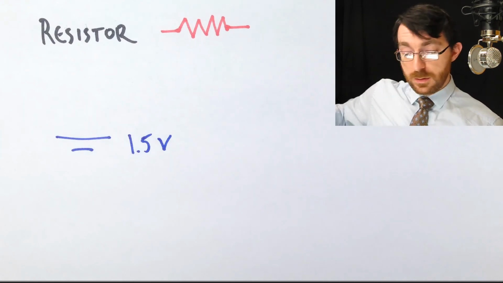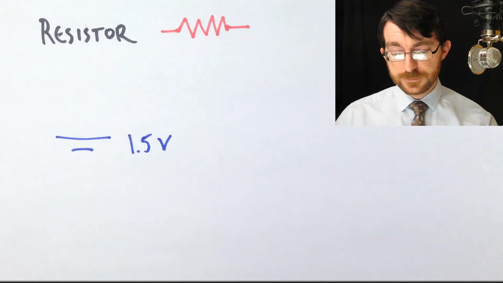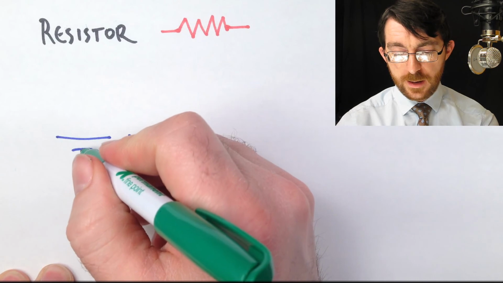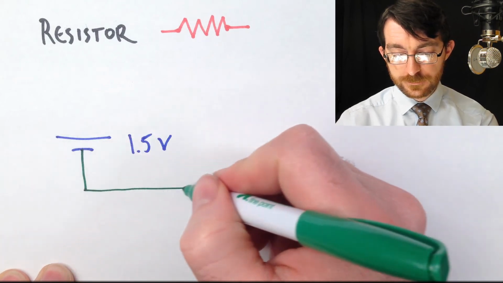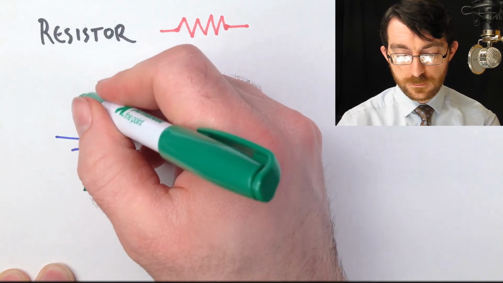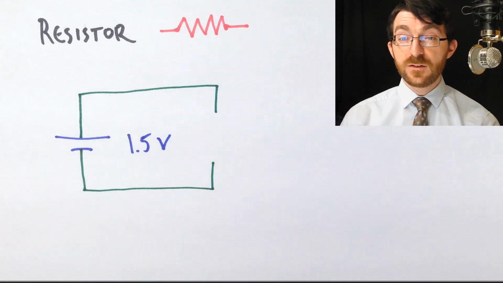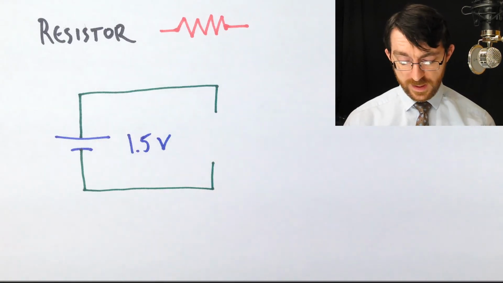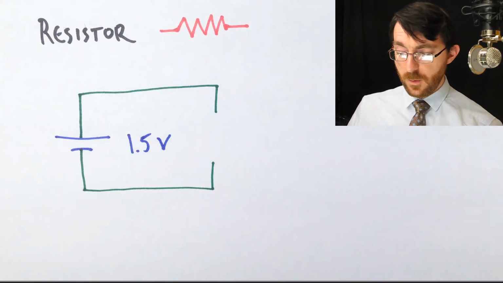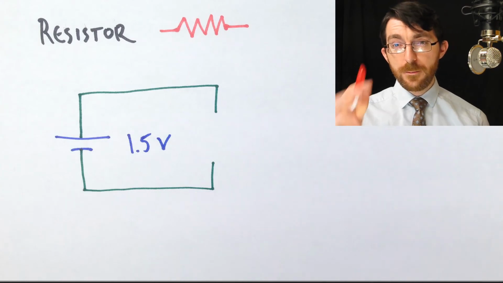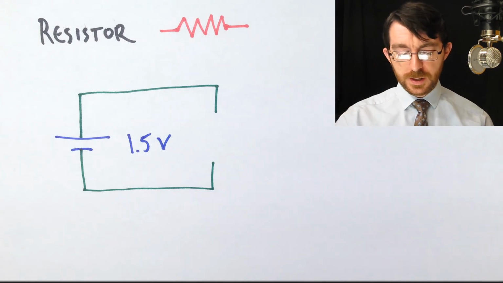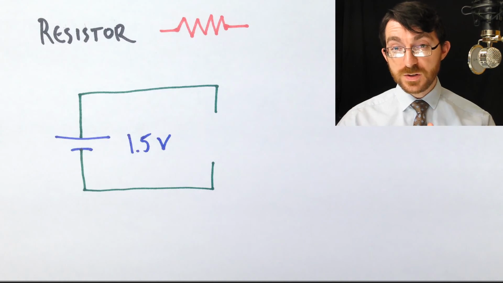Okay, green marker for the wire. So we're going to go ahead and stick a wire on. This is still an open circuit. We don't have any electricity flowing yet. But now we will, because I'm going to close the circuit, but I'm not going to have a short circuit.